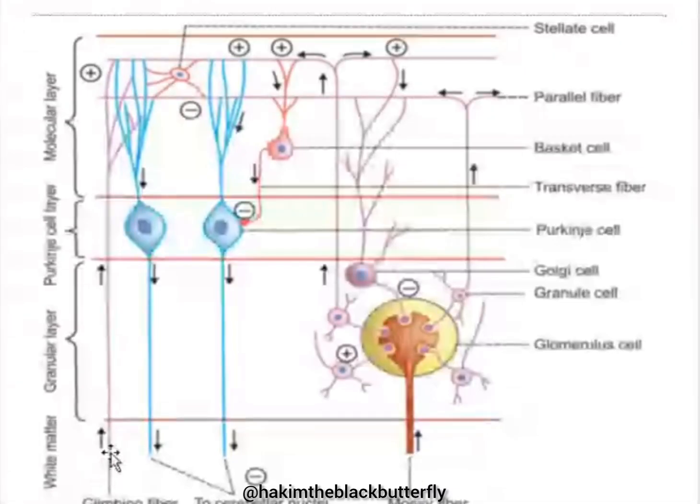Climbing fibers will move up to the molecular layer and synapse with the dendrites of a Purkinje cell, whereas mossy fibers end in the granular layer and synapse with many Golgi and granule cells. The granule cells will now ascend in the molecular layer and divide into parallel fibers, which will synapse with more than one Purkinje cell.